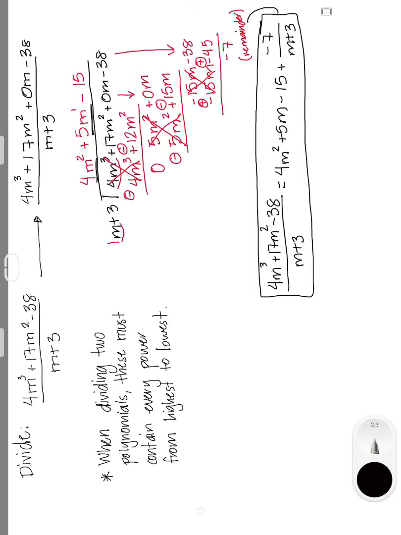So notice how this negative 7, the leftover, the remainder, is written over m plus 3, which is the divisor that we had out here in the division. And then again, this is the quotient. This is the solution. Whatever values we were getting up here on the division, that's the solution.